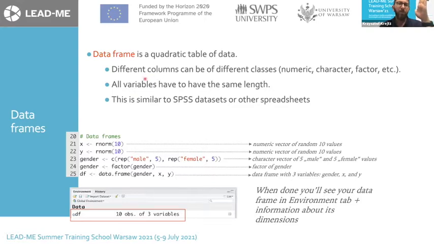In columns, we store variables in data frames. In rows, we store observations. It does not have to be only one person in one row. It can be any type of observation level in rows.